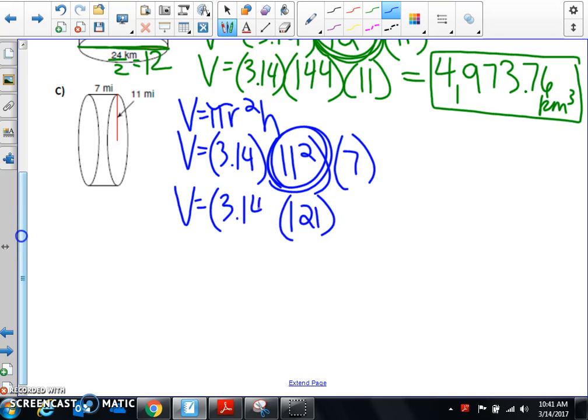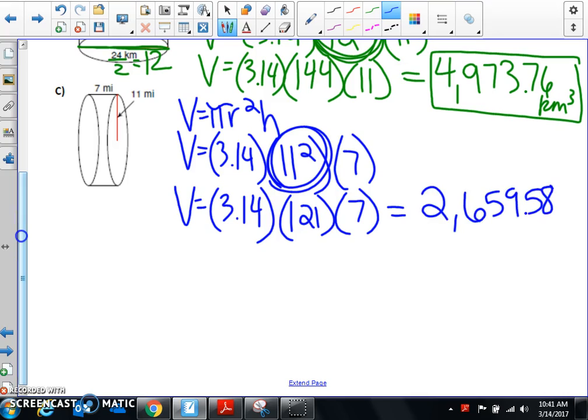Once again, you can check all this in your calculator. You don't have to be going as quick as I am. 3.14 times 121 times 7 gives us 2,659.58 miles cubed. But let's pretend that that's kilometers. That way y'all aren't freaked out by units.